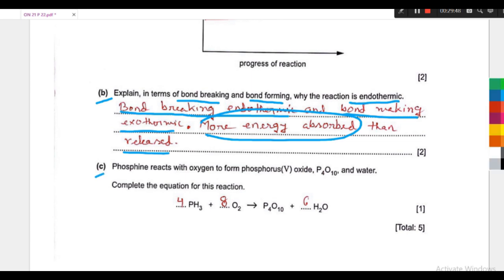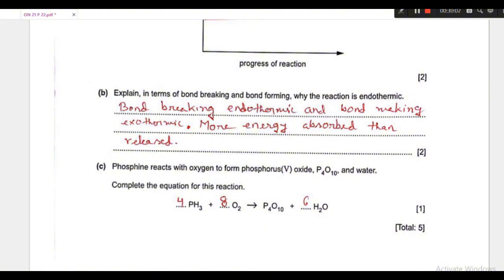Next, complete the equation: phosphine plus oxygen gives phosphorus(V) oxide plus water. So how do you balance? There are 4 phosphorus, so you write 4 here. Then 4 times 3 is 12 hydrogen, so you write 6 here, since 6 times 2 is 12. Then oxygen: 10 plus 6, 16.